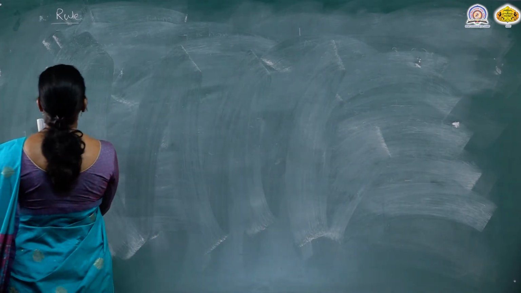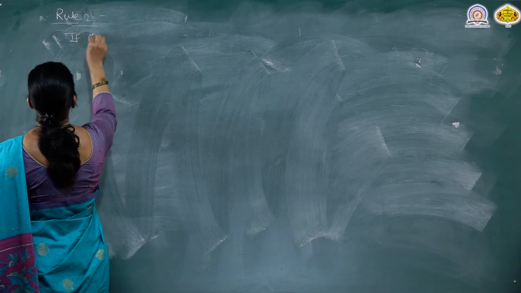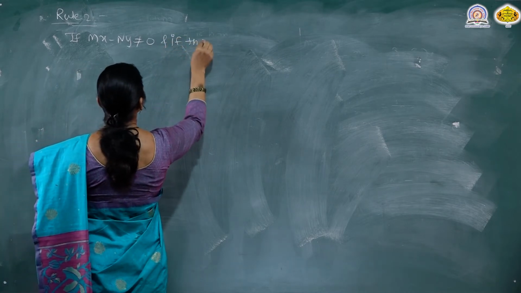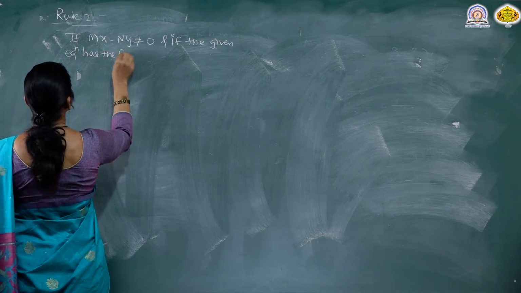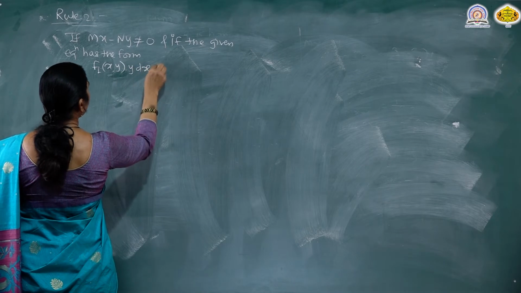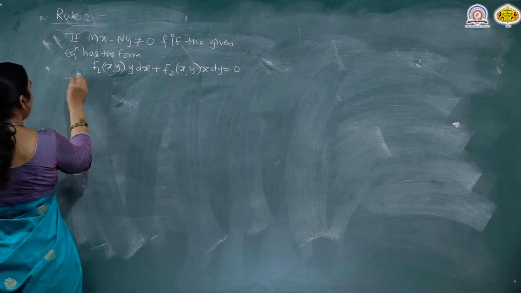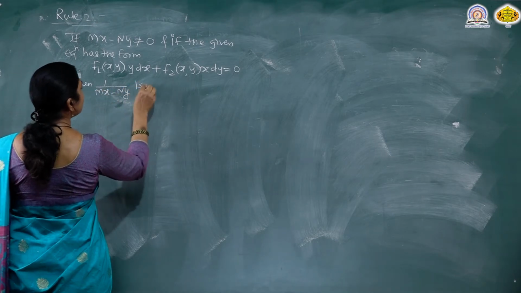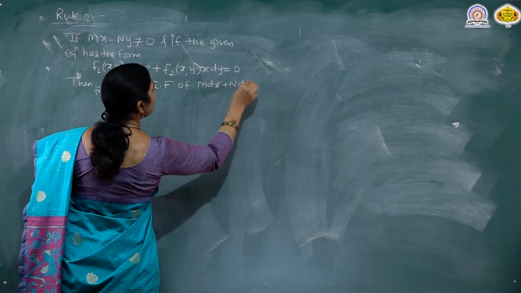Rule 2 says that if Mx minus Ny is not equal to 0 and if the given equation has the form some function of xy into y dx plus some function of xy into x dy equal to 0, then 1 upon Mx minus Ny is an integrating factor of the differential equation M dx plus N dy equal to 0.